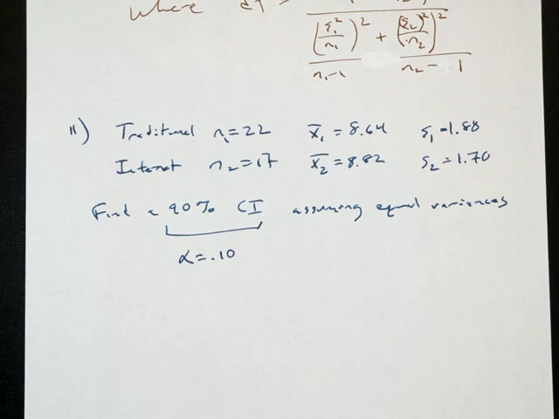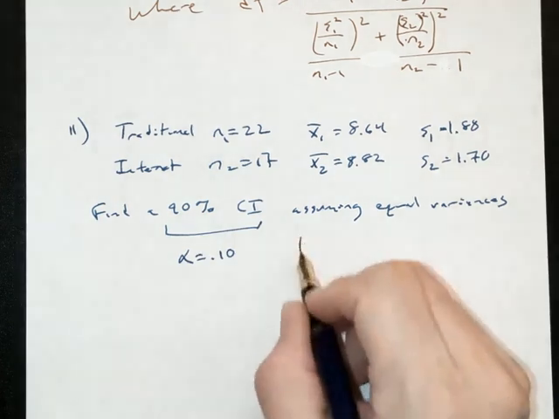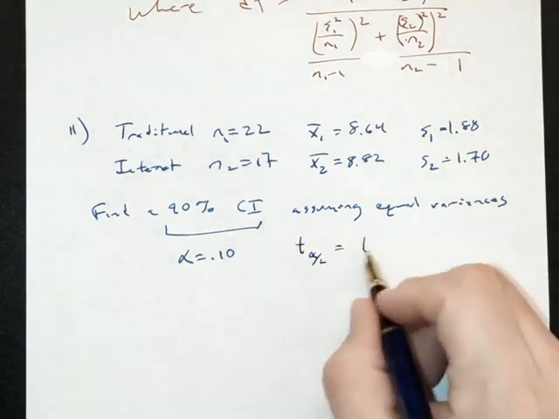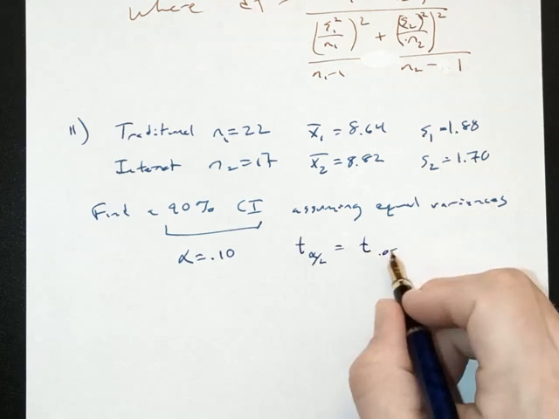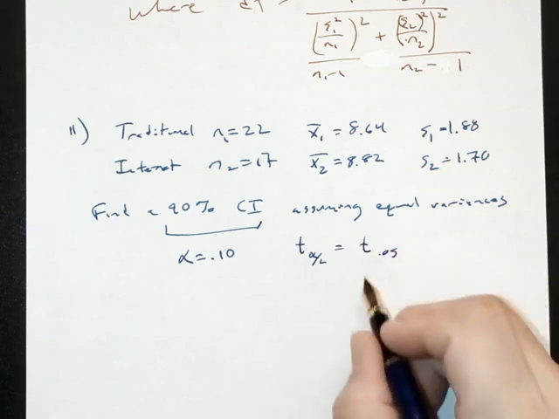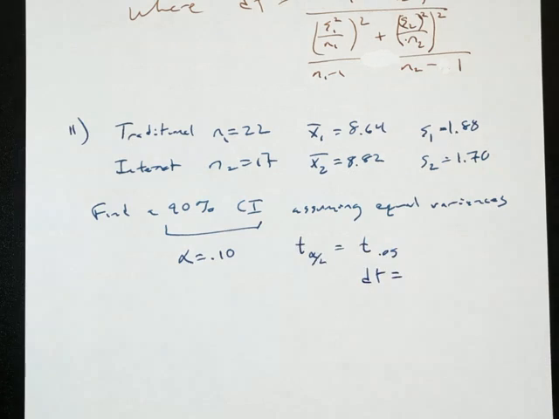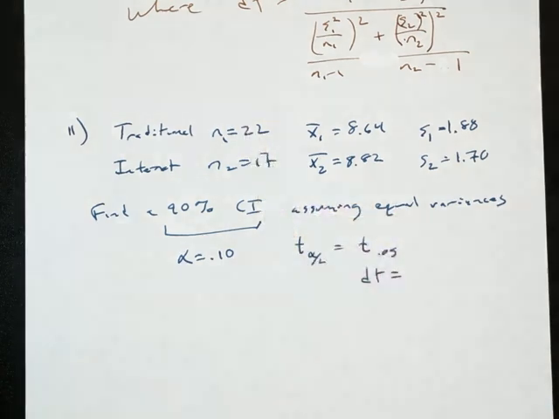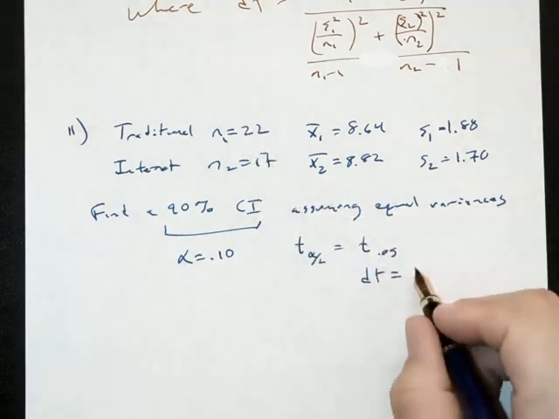So we're doing the t with the 0.05. With what degrees of freedom? N1 plus N2 minus 2.